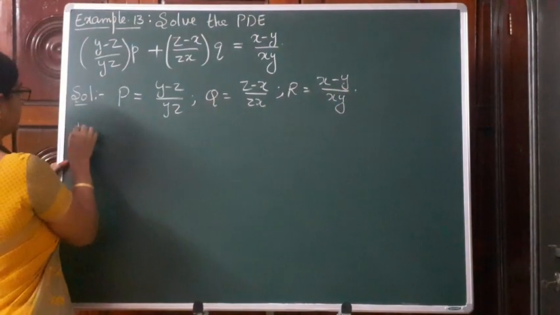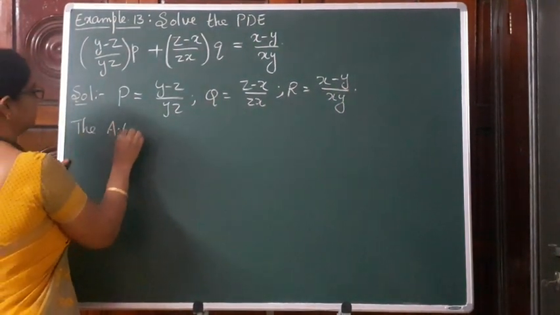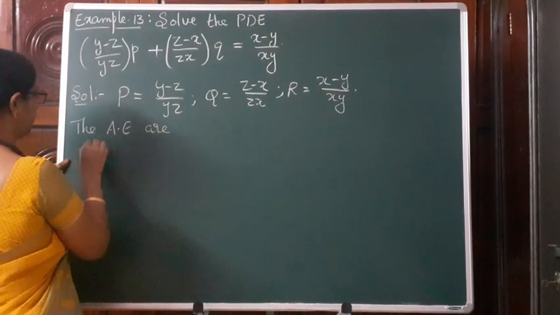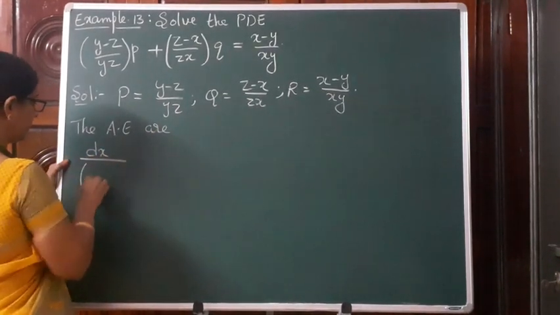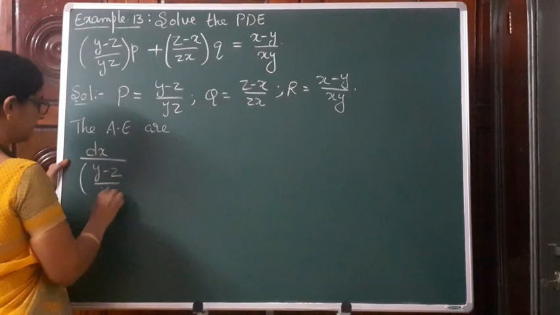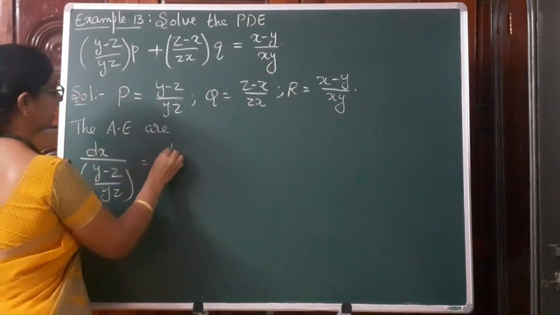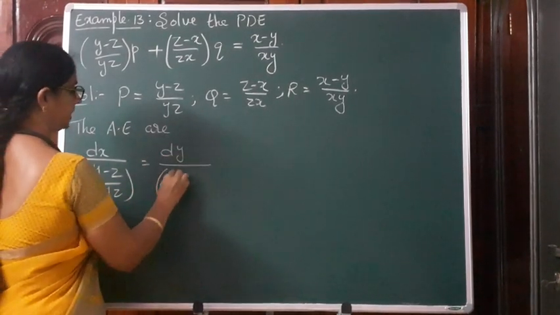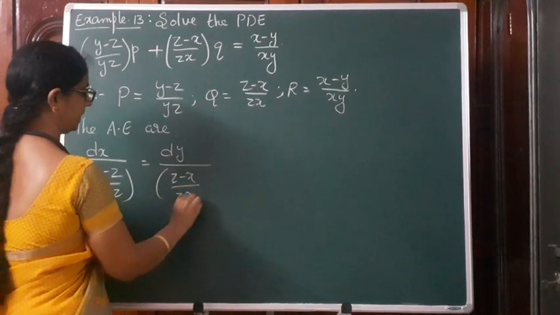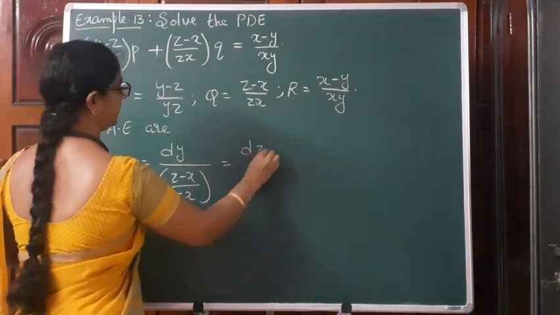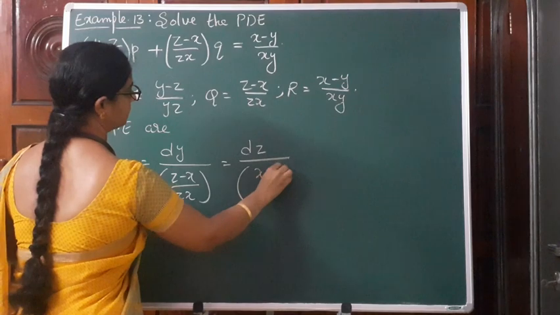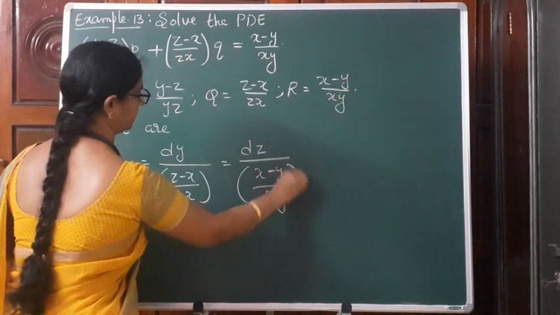So if we take the auxiliary equations dx by (y minus z) by yz is equal to dy by (z minus x) by zx is equal to dz by (x minus y) by xy.